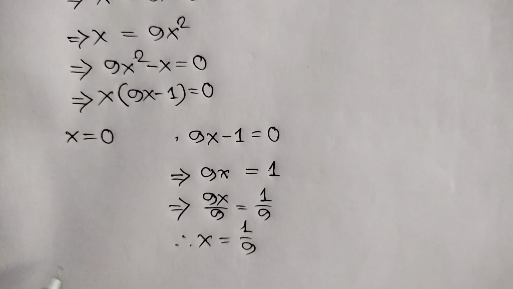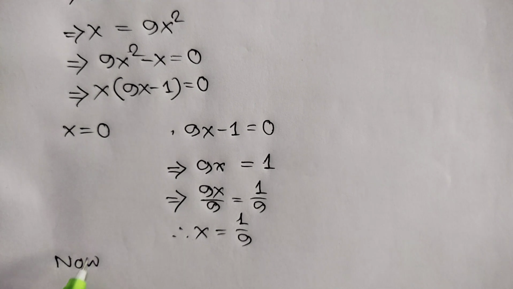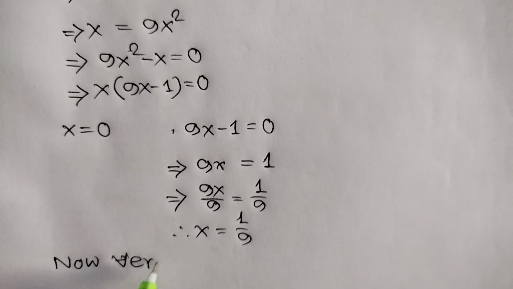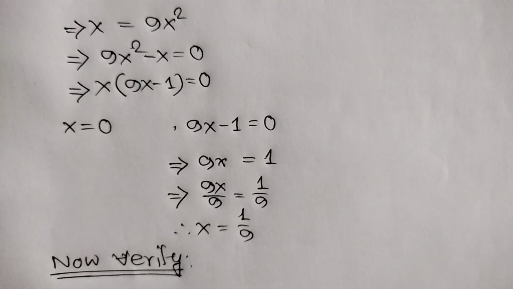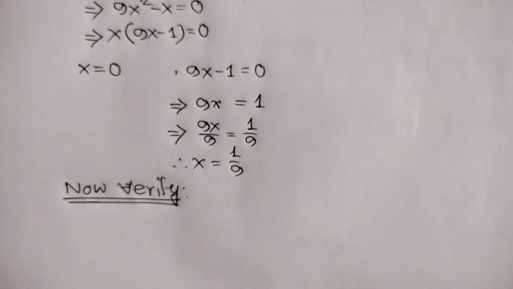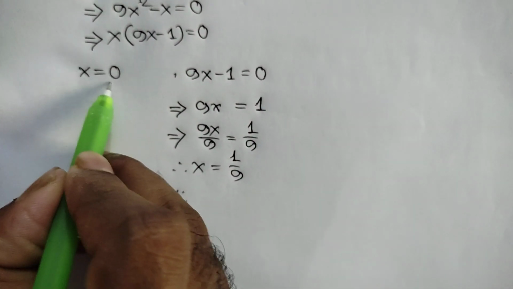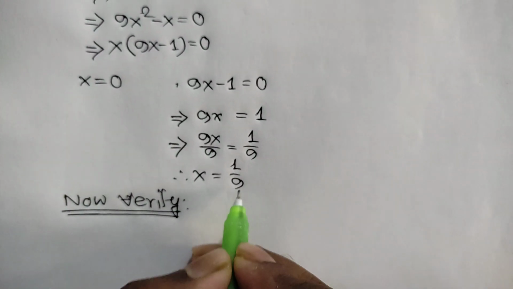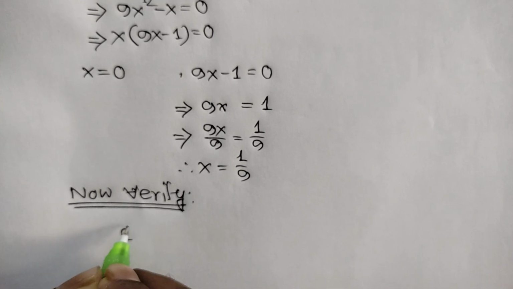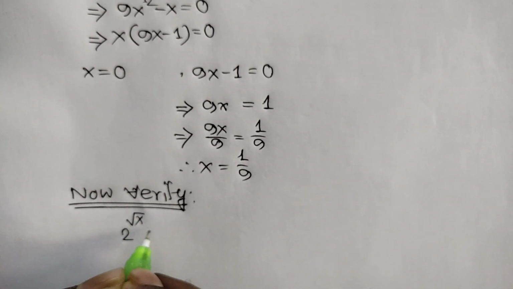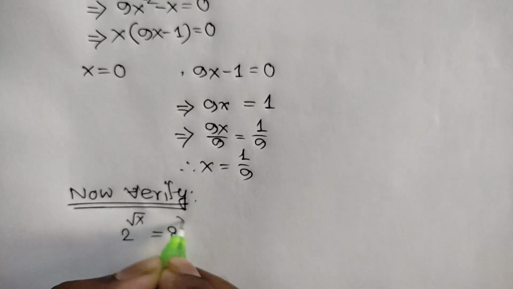Now verify. Here are two values of x, 0 and 1 over 9. Our equation is 2 to the power square root of x is equal to 8 to the power x.